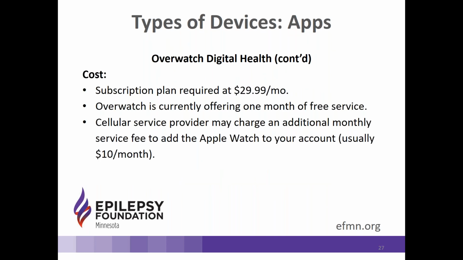The cost of this app is a subscription plan of $29.99 a month, no matter what phone you're using, since as of right now you're only using the Apple Watch. They are currently offering 1 month of free service. Again, make sure that you know when that is up in case you decide you want to cancel it.